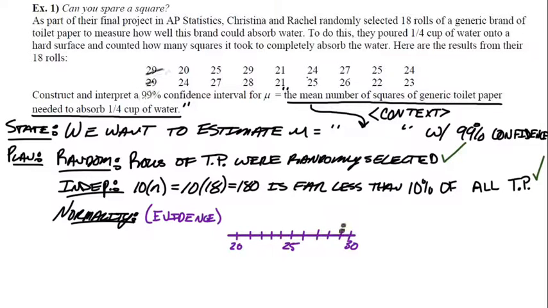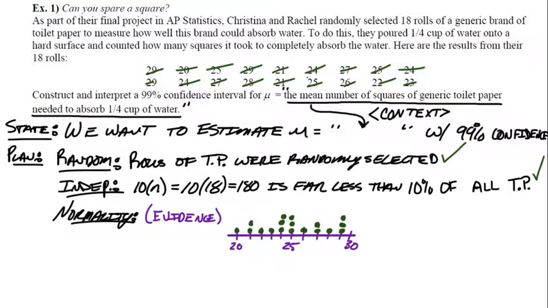We've got 29s, 20 and 24, 25, 27, 29, 28, 21, 21, 24, 25, 27, 26, 25, 22, and 24, 23. Alright, so there's all 18 dots for all 18 rolls of toilet paper.